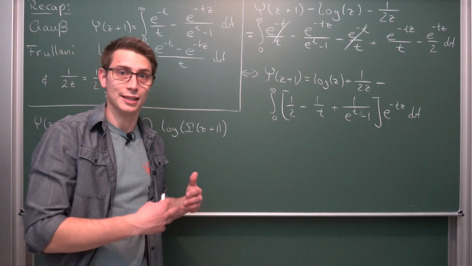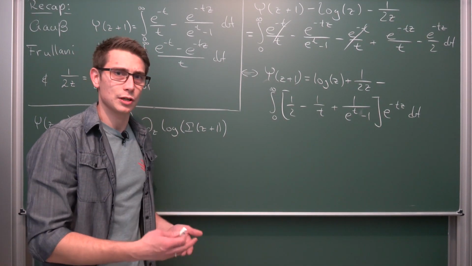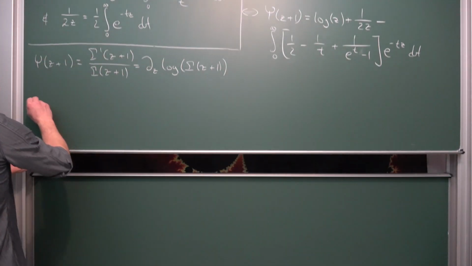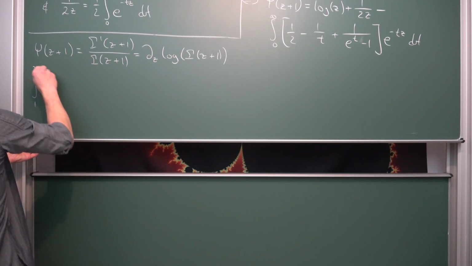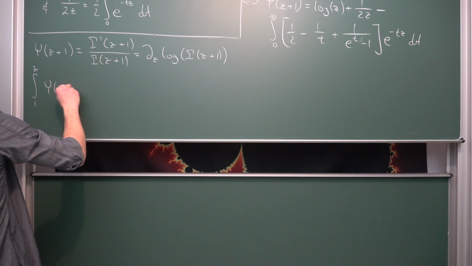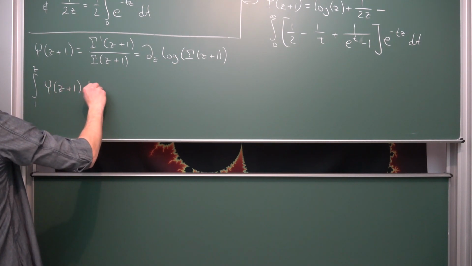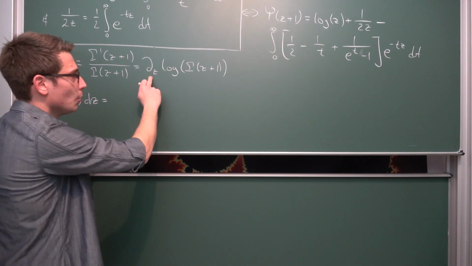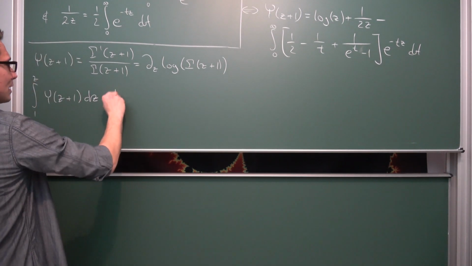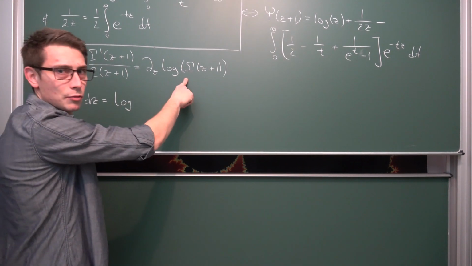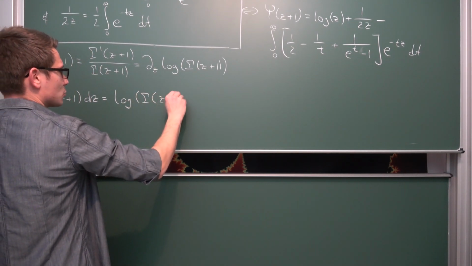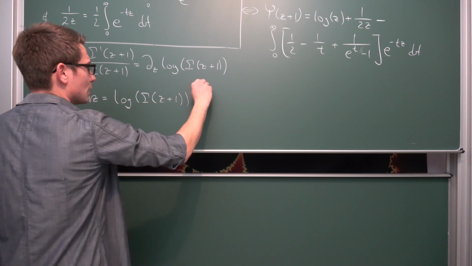This is just solving an initial value problem using certain initial values which make our life way easier. Meaning if we integrate from 1 to z our digamma of z plus 1 with respect to z, we get the integral of the differential operator. They cancel out, giving us just the function which was differentiated, the logarithm of gamma of z plus 1, but all of this from 1 to z.